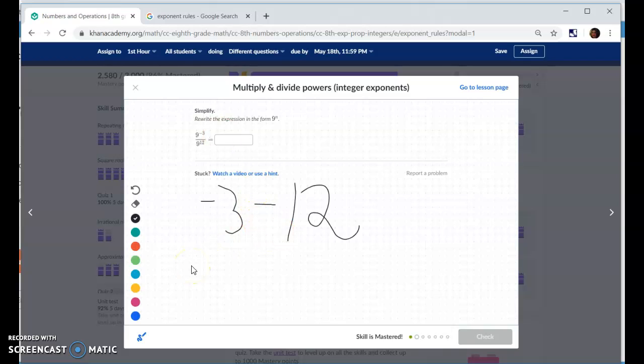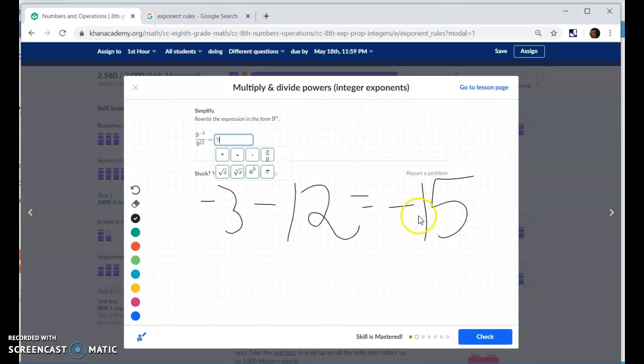Okay, so if I have negative 3 minus 12, that's just going to put me more in debt. So negative 15. All right, so if I'm writing it in this form, 9 to the nth power, then my base number stays the same, and my exponent would be negative 15. Negative 15.